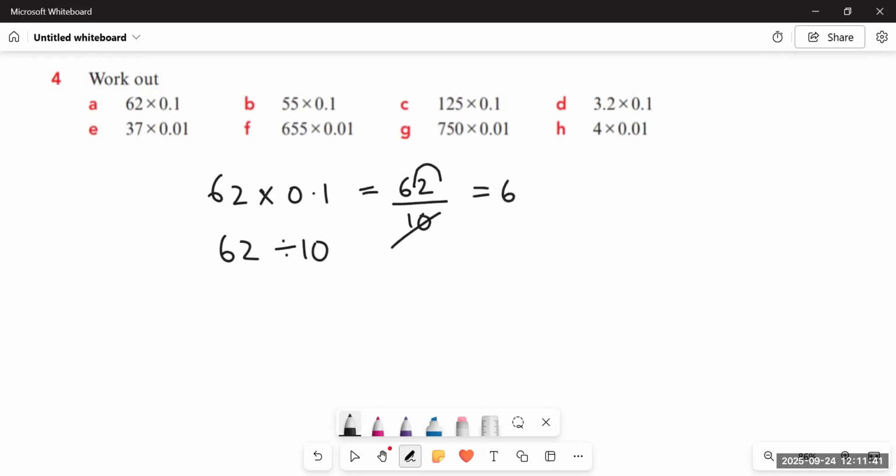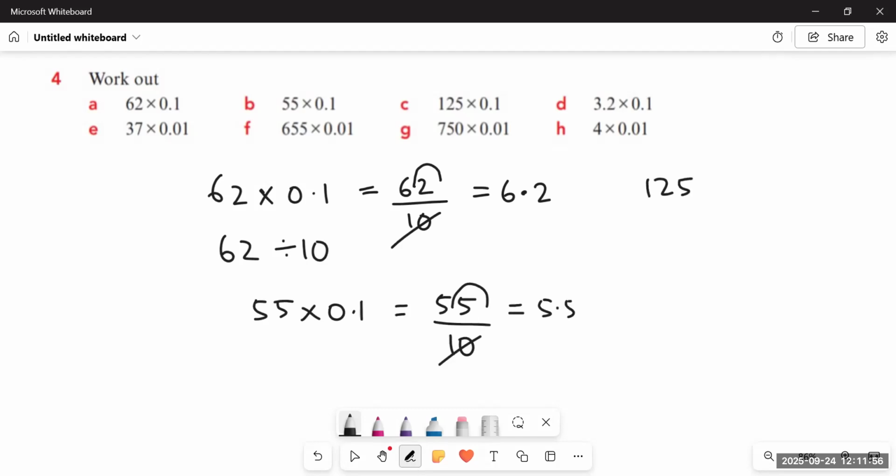It becomes 6.2. Similarly, 55 multiplied by 0.1 is actually 55 divided by 10. Cut the zero, decimal will move one place backward. It becomes 5.5. Similarly, 125 multiplied by 0.1 is actually 125 divided by 10. Cut the zero, decimal will move one place backward.